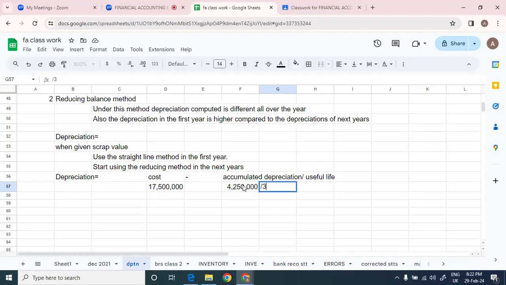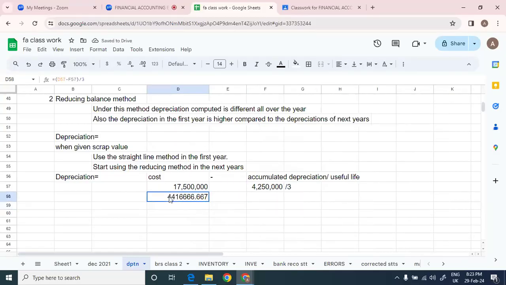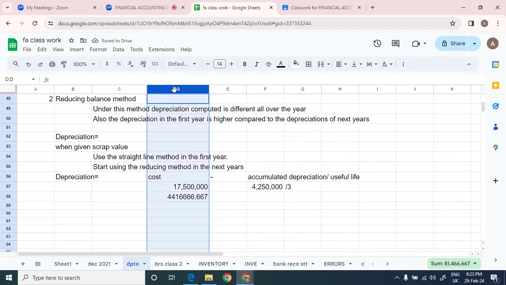Are we together? Yes. So when we come here, it means we are going to have our brackets, which will be this minus this. We close our brackets. We divide by 3 years. So you see what I'm getting. Are we together? Yes. So let me put commas.